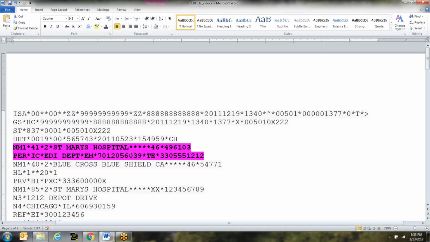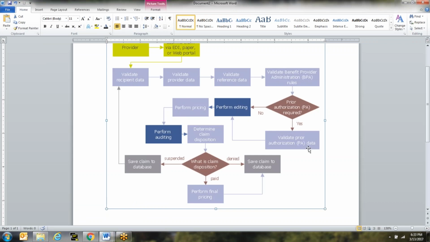But this particular provider is not allowed for my plan. So all those rules, all those things are checked before the claim is further processed.